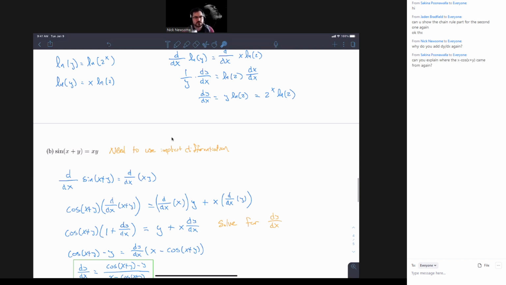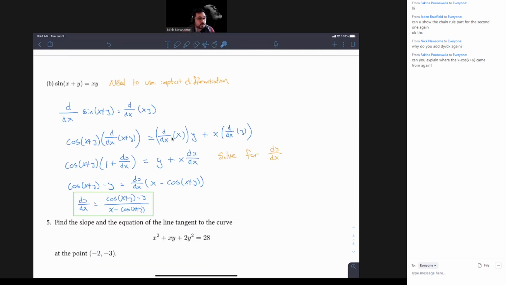All right, questions? Where the x minus cosine x plus y came from? Yes, so I distributed this cosine to both. I kept the cosine times dy dx. No, I'm sorry, I kept the cosine x plus y times 1 on the left-hand side.